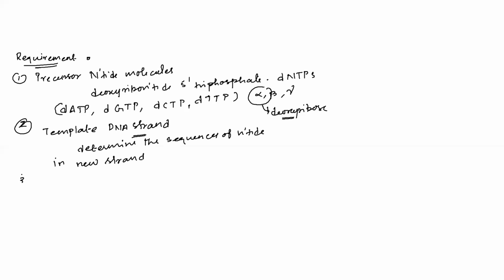And then you require an RNA primer. So we require RNA primer for the initiation of polymerization of new polynucleotide strands, right?